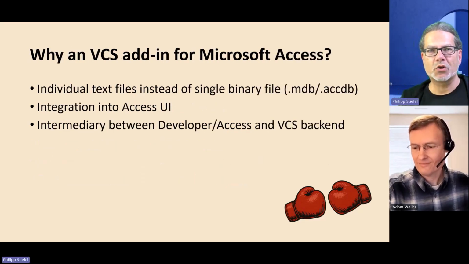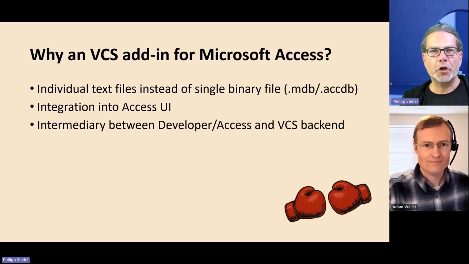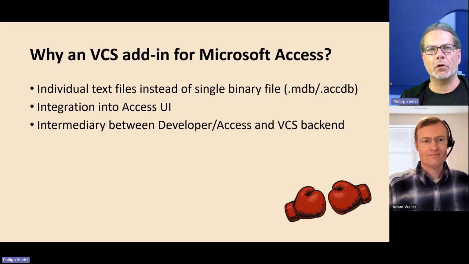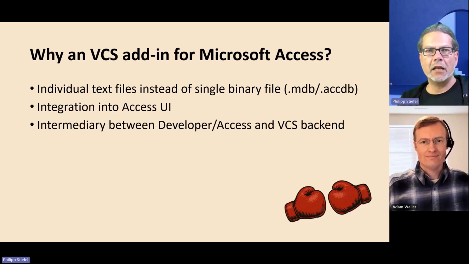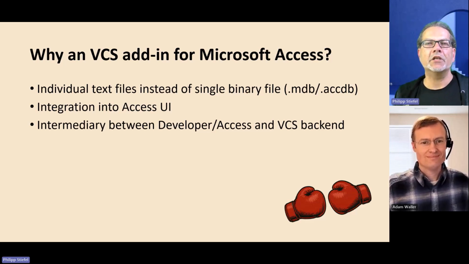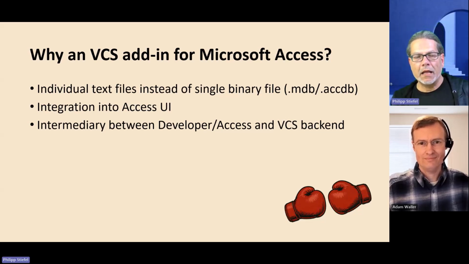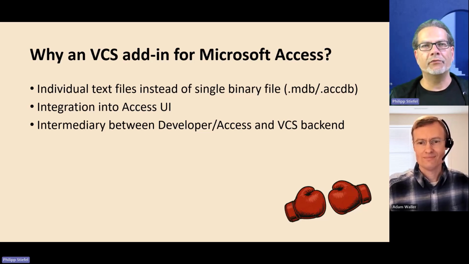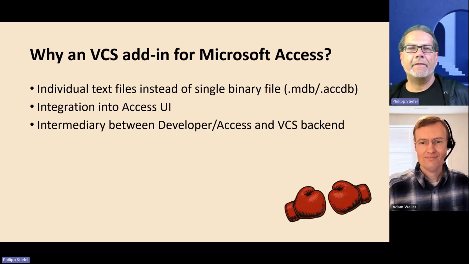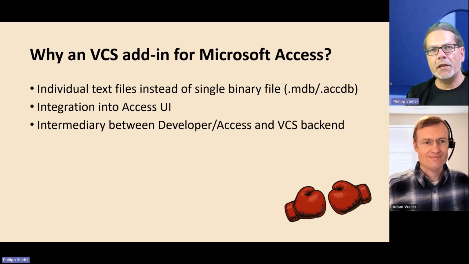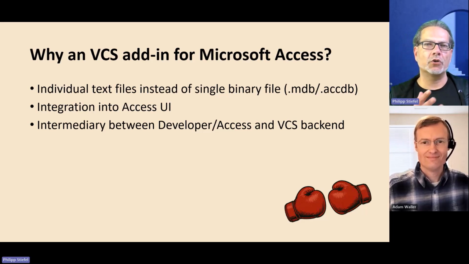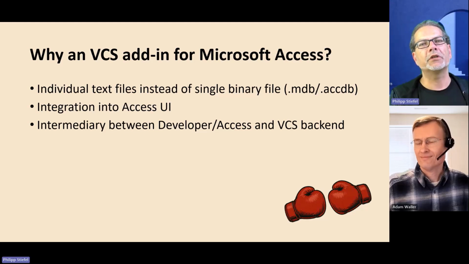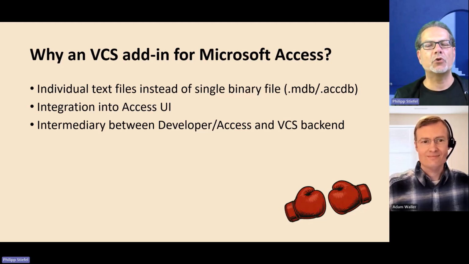But why can you not just use version control like Git or Team Foundation Server on its own and Access as your development tool? Why do you need an additional add-in for Microsoft Access? Well, the core problem of Microsoft Access in context of version control is that you will get one big Access file that stores all your form definitions, report definitions, all the VBA source code.